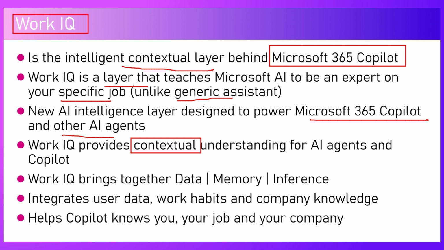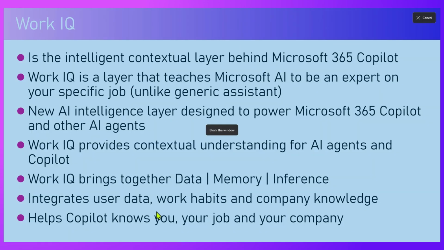From a user perspective, there might be files, documents, meetings, emails, and some work habits, like the way you communicate and the way you interact with Copilot. It studies all this information, stores the context in memory, and then infers or provides the result on the basis of the data and the memory pattern. So it helps Copilot know you, your job, and your company.